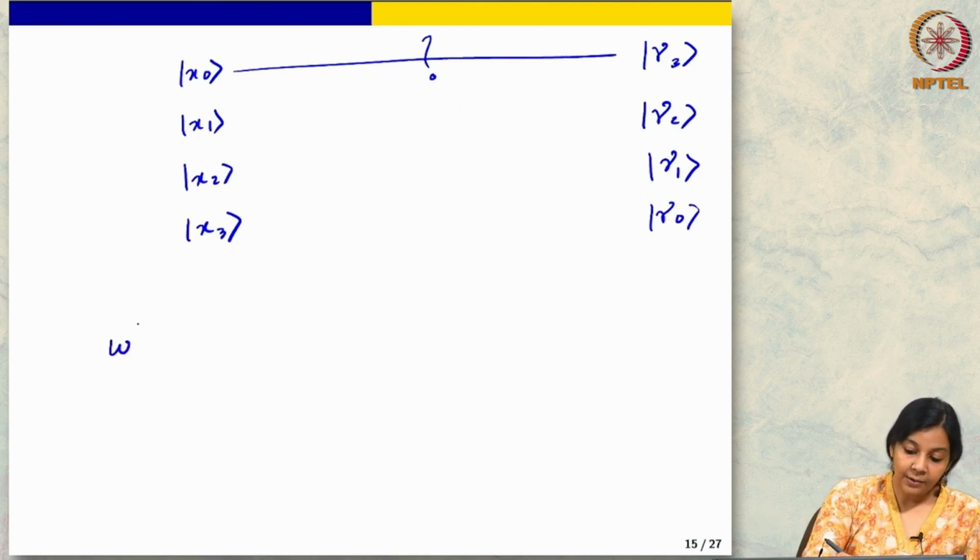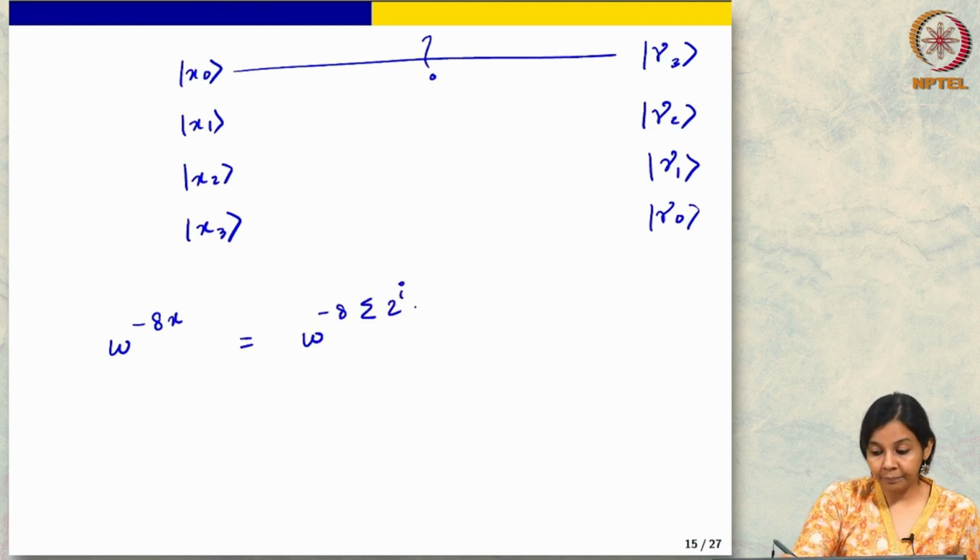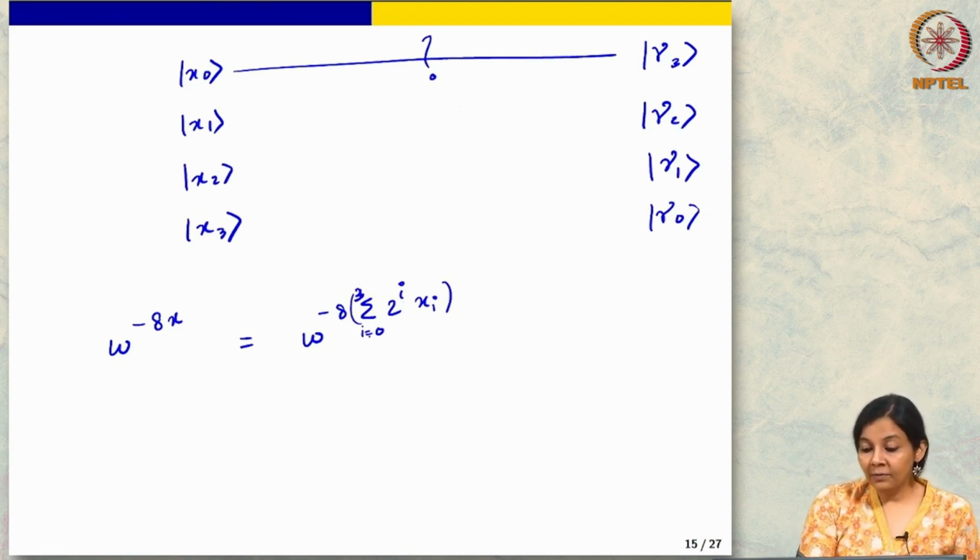So I have omega to the minus 8x. I can write this as omega to the minus 8 summation 2 to the i xi, with i from 0 to 3. Now, do you see that it is only for i equal to 0 that I will get something that will survive?